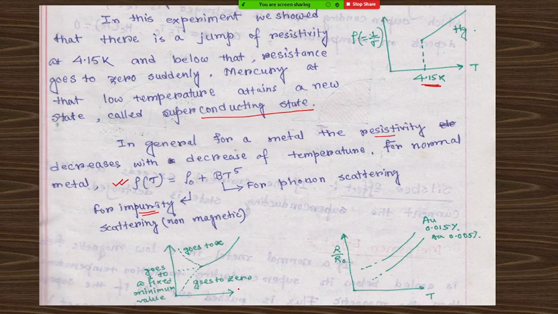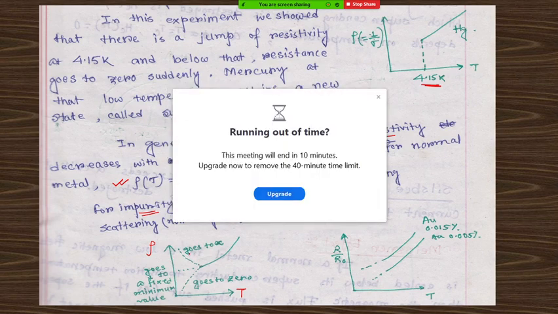You can see the temperature axis and the resistivity axis. There can be three types of behavior: this is the normal one, this can be an impurity material, and this is for a purer material. This nature will be available.